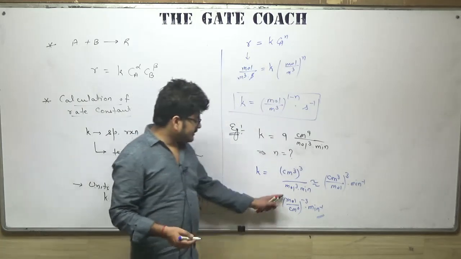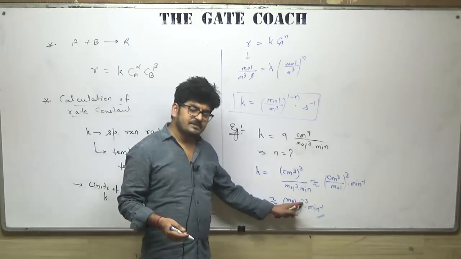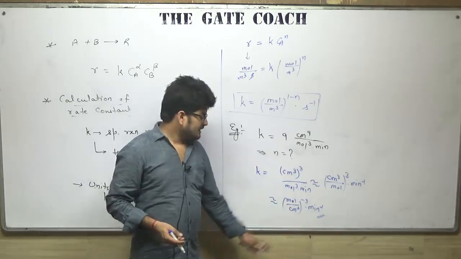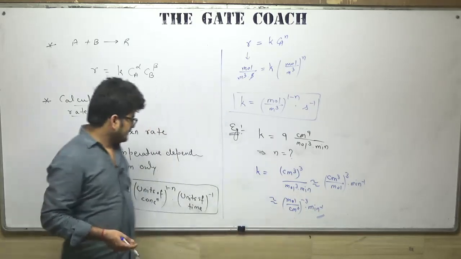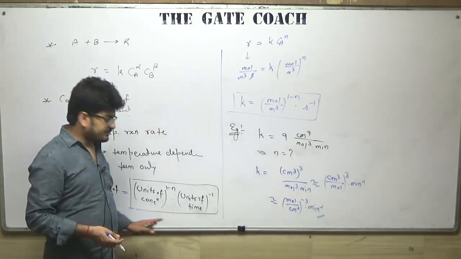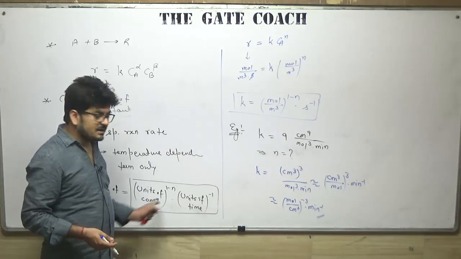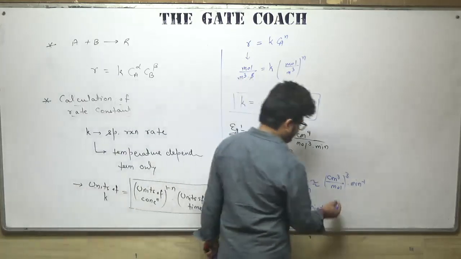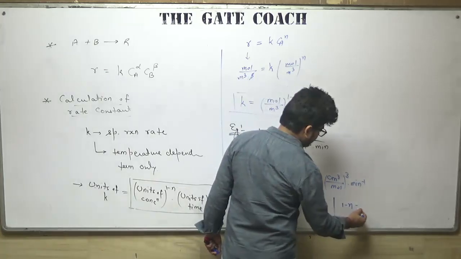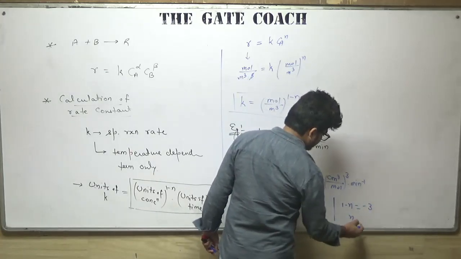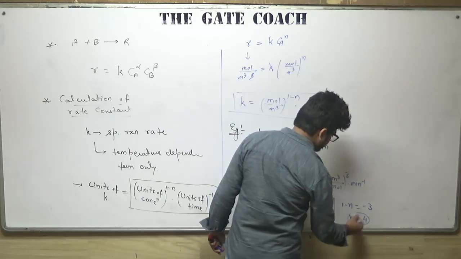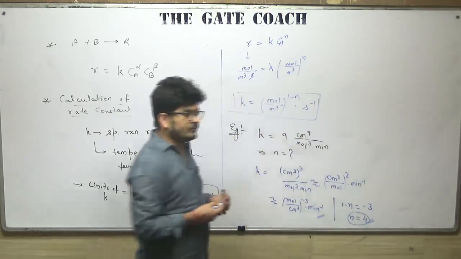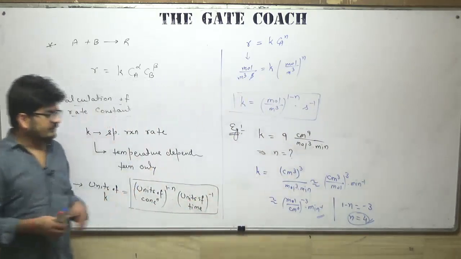So now this is the unit of concentration power minus 3, units of time inverse. When you compare this with the general expression, you will find that 1 minus n is equal to minus 3, so n will be equal to 4. That is the overall order of the reaction, 4.